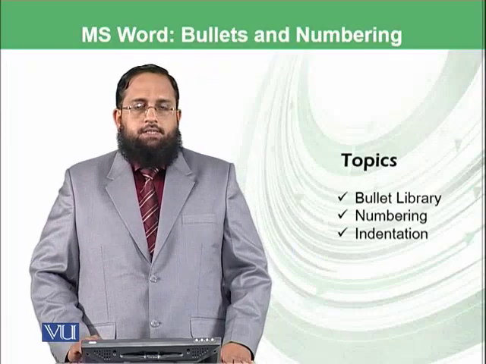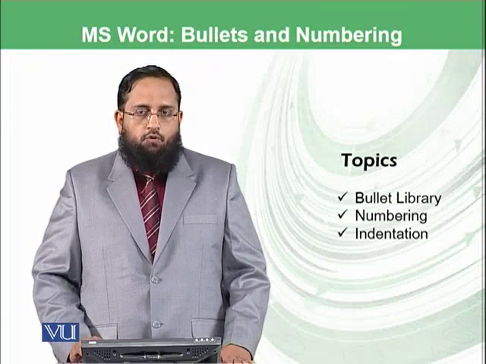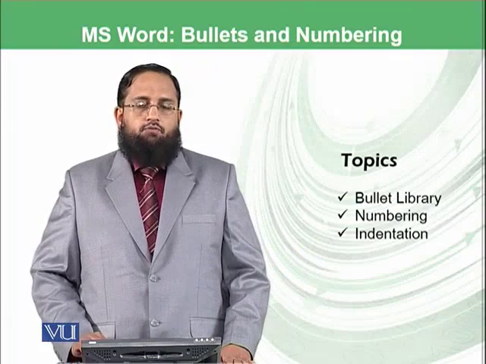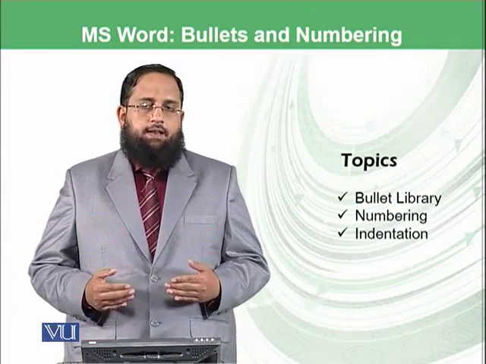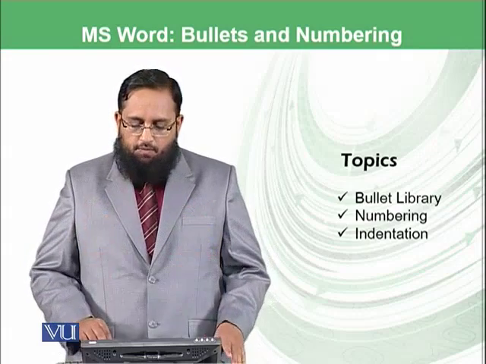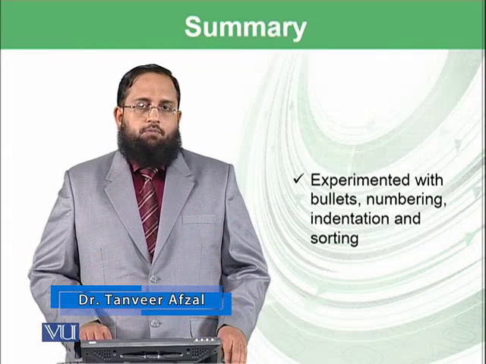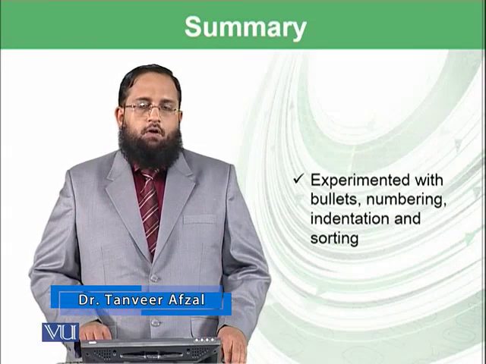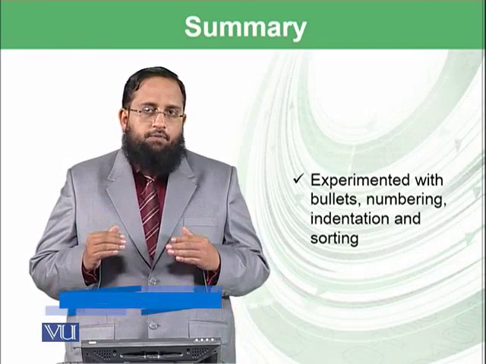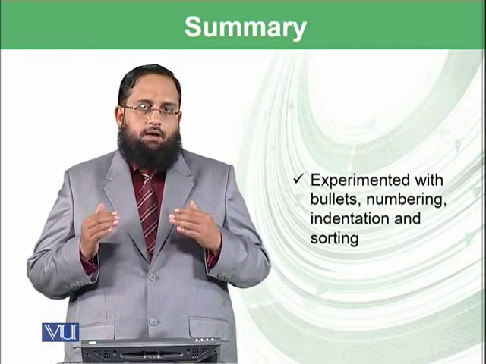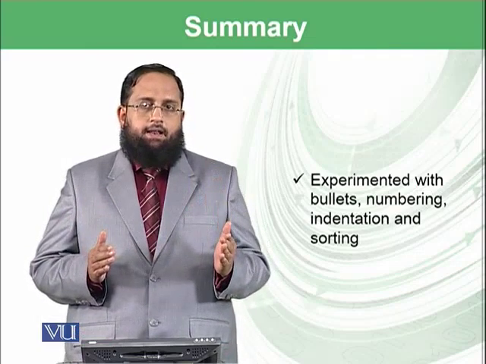So dear students, we have learned some of the remaining options in paragraph group, and we have talked about the bullet library and number library. We have added some new things into the bullet library, and we have learned with the concept of indentation how we can make some content a subheading within Microsoft Word under the parent heading level.